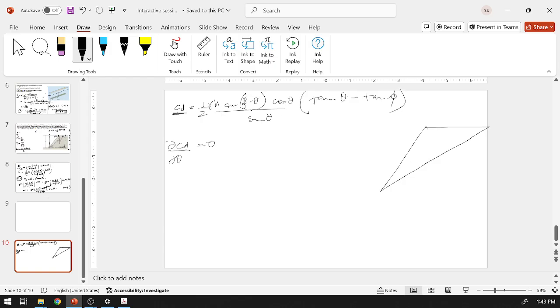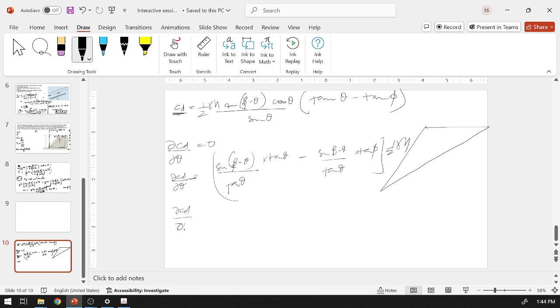So del C_D by del theta equals tan theta sine of beta minus theta over tan theta into tan theta minus sine of beta minus theta over tan theta into tan phi, half of gamma h.